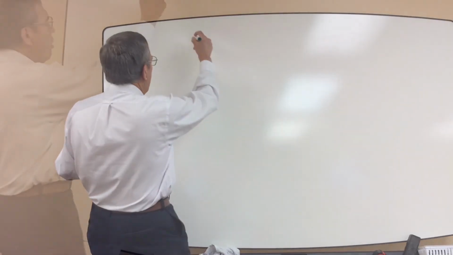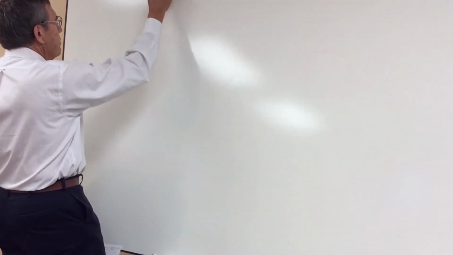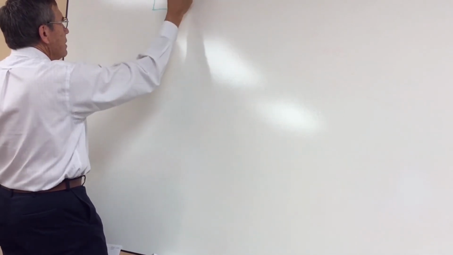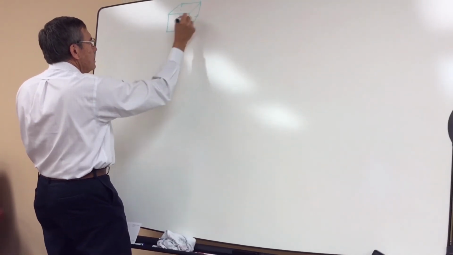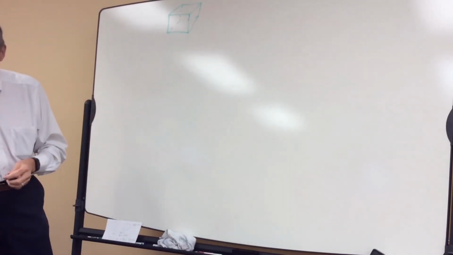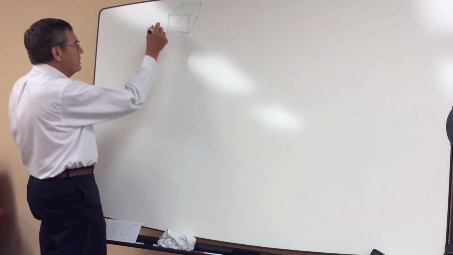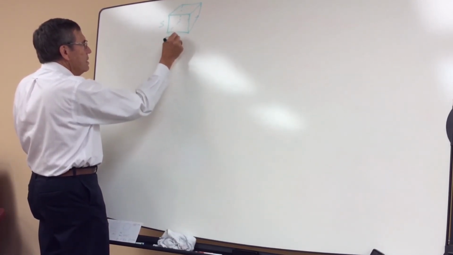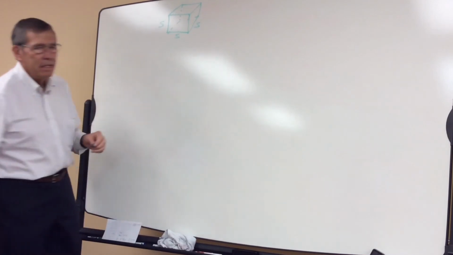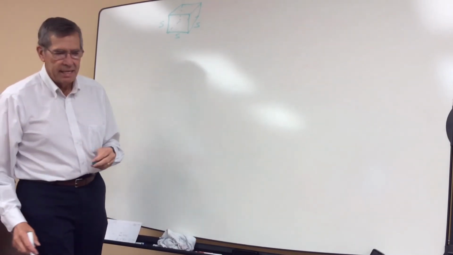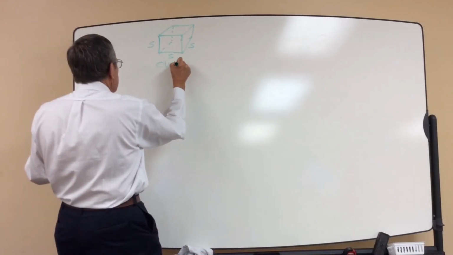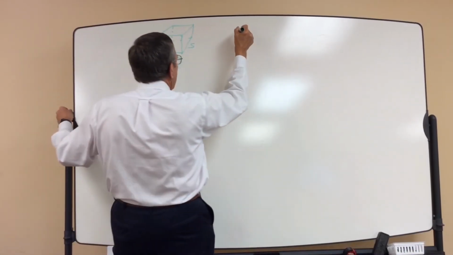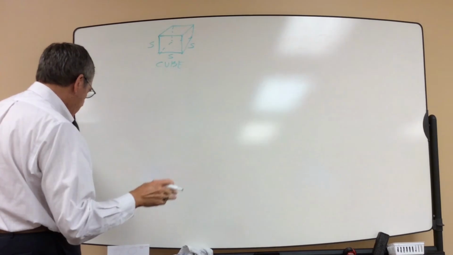So let me just draw a cube up here. I'll put some dotted lines. And of course a cube has the same dimension for each of the 3 sides. Okay, so that's our cube. And then we're going to put a sphere inside that cube.